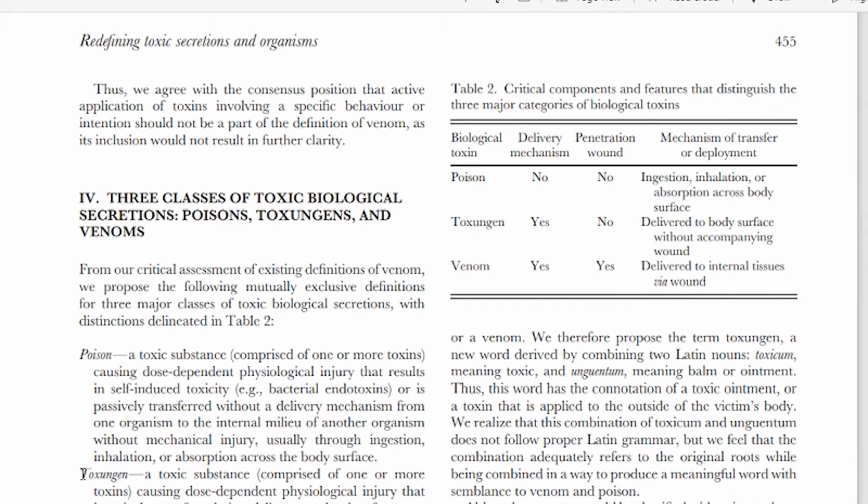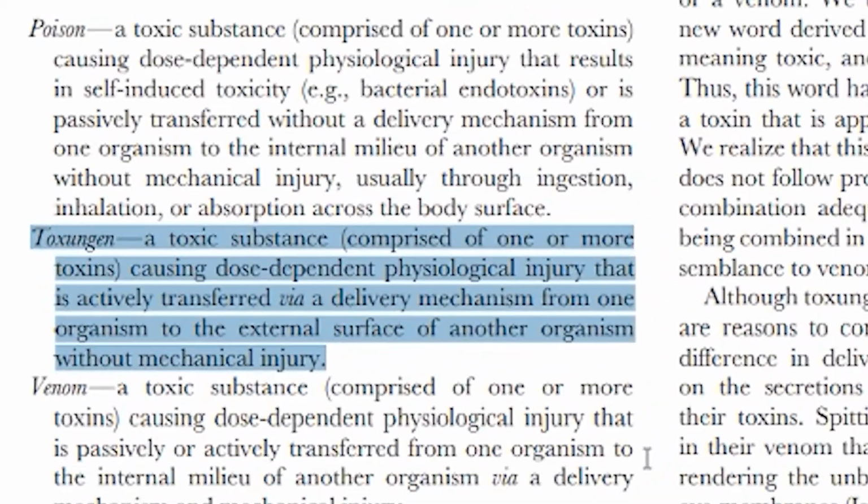The scientists came to the conclusion that there needs to be a third class of toxic organisms, thus the new word toxungen was created to include an organism that did have a delivery mechanism but did not inject or penetrate a wound like a snake's fang.